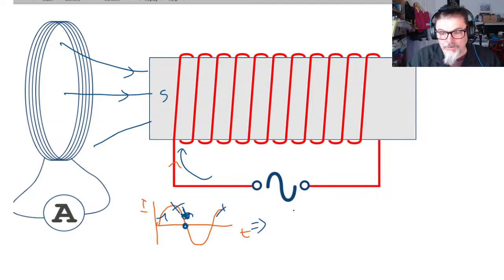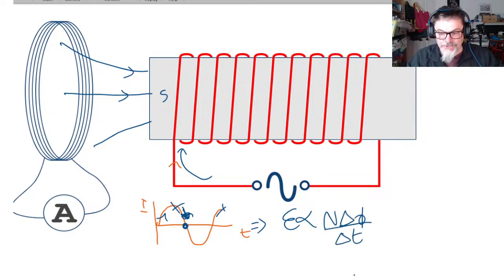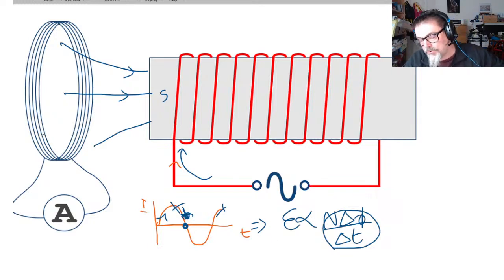And as we know, EMF in the coil from Faraday's law is proportional to N, change in flux over change in time. And this bit here is constantly changing. If it's constantly changing, that means that the EMF induced in that coil will also be constantly changing, which means that the current in the ammeter there is also constantly changing.